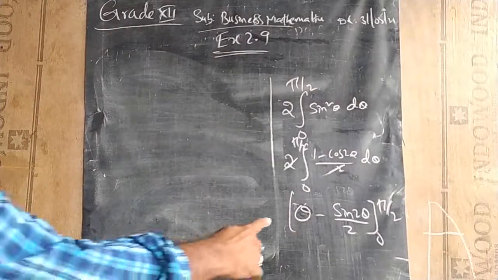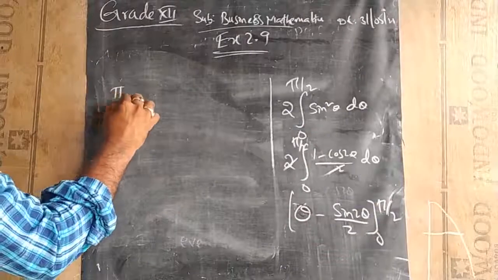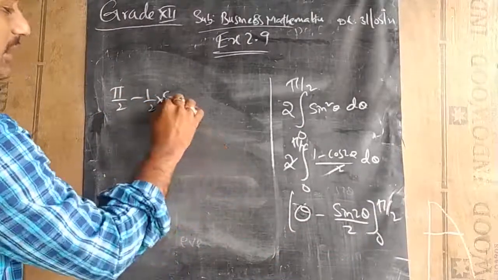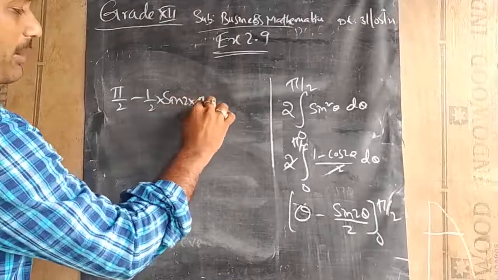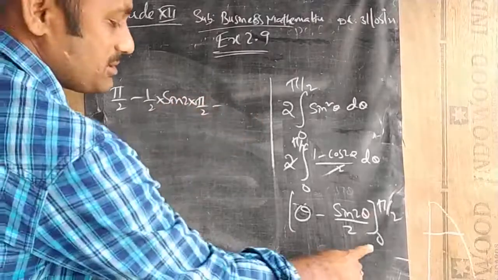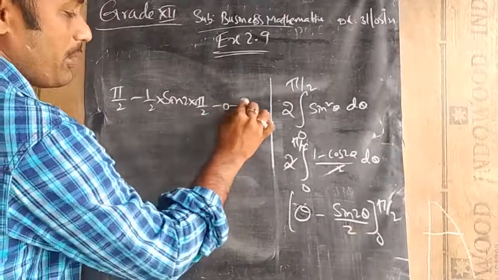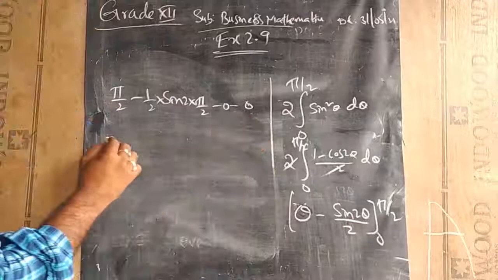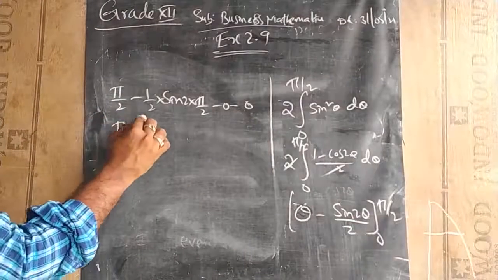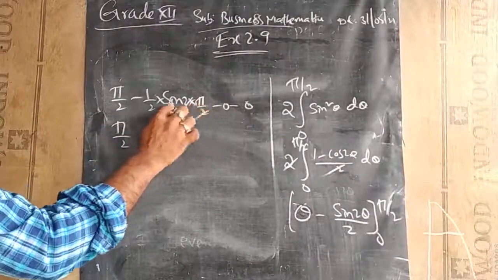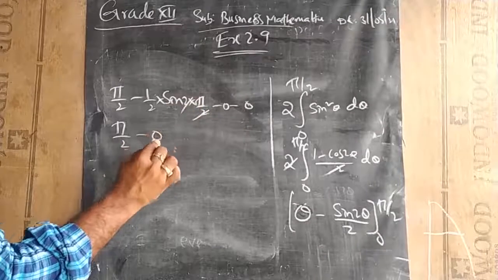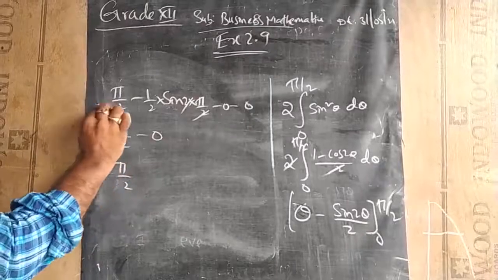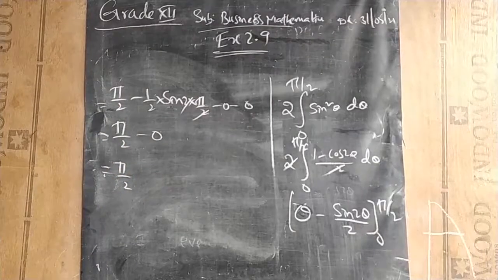If I substitute theta, it will be pi by 2 minus 1 by 2 into sin 2 into pi by 2, minus 0. Sin 0 is 0. So pi by 2. Here 2 gets cancelled, sin pi, sin 180 is 0. So the answer will be pi by 2. Okay, next, let us see the next question.